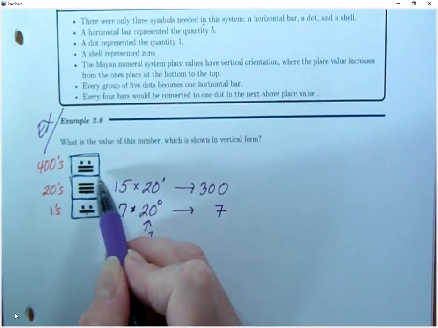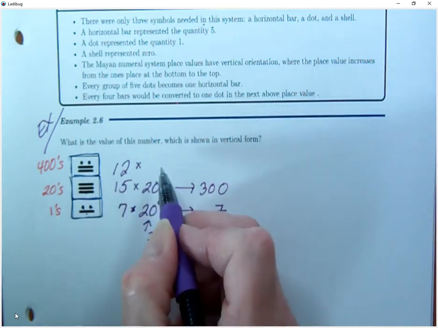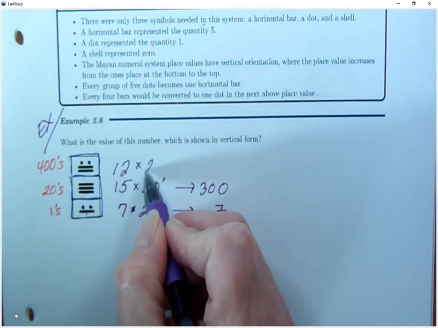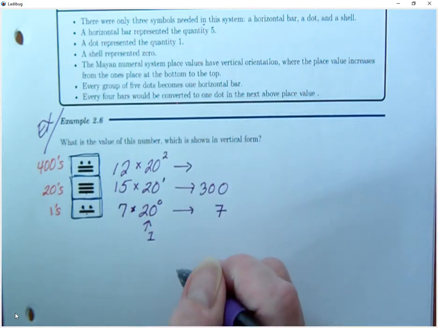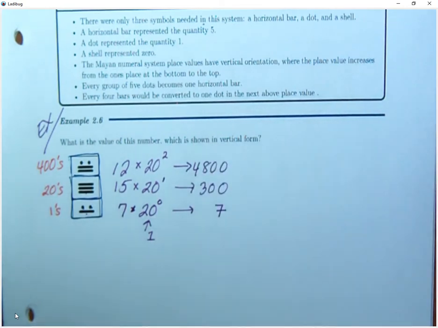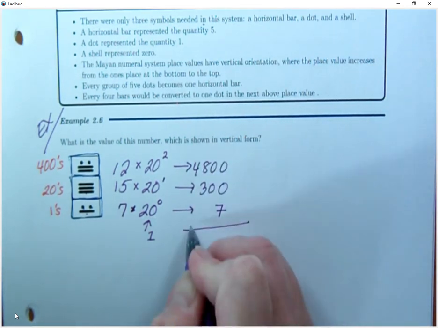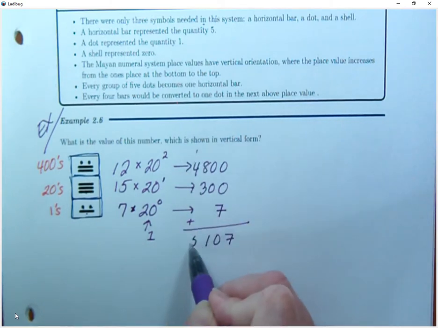Now this top row is 12 times 20 squared, which is 400. You can just do that out on your calculator all at once. Just make sure your calculator is following its order of operations, or you use parentheses. If you notice numbers aren't looking right, then you should just double check it. Make sure you use parentheses.